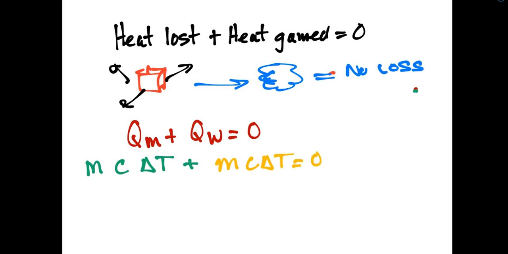Let's make sure we know this is the metal, and this is the water. Our whole purpose in this lab is to find that value right there, the specific heat of the metal, because we actually know everything else.